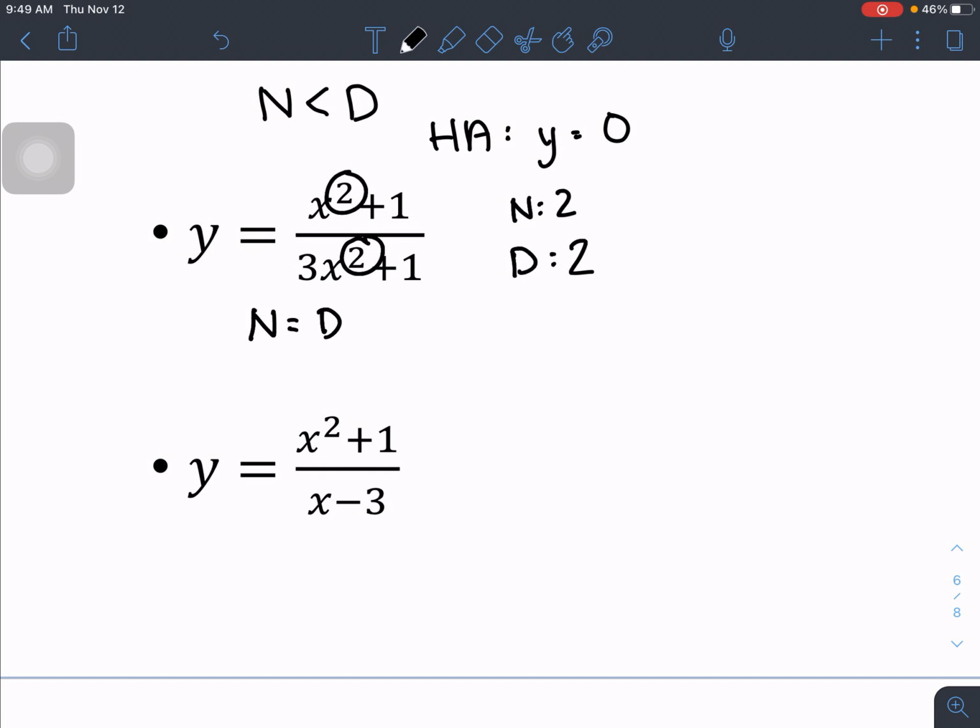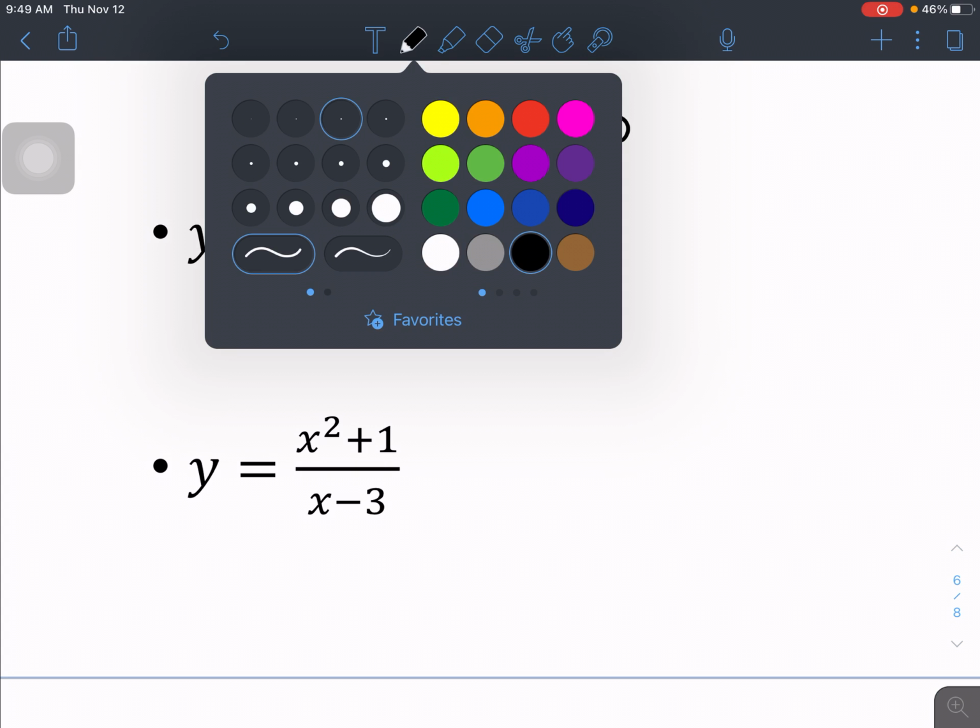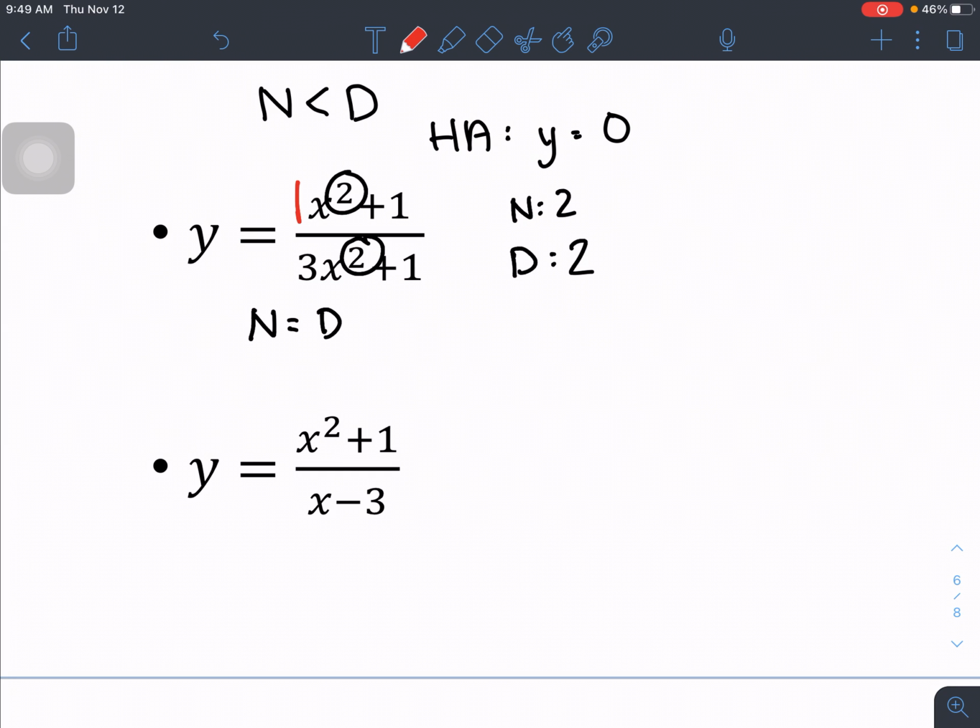Hence, we should get the numerical coefficient of the highest degree variable of the numerator and the denominator. For the numerator, it is 1, and for the denominator, it is 3. So this will be 1 over 3. Hence, our horizontal asymptote will be y is equal to 1/3.